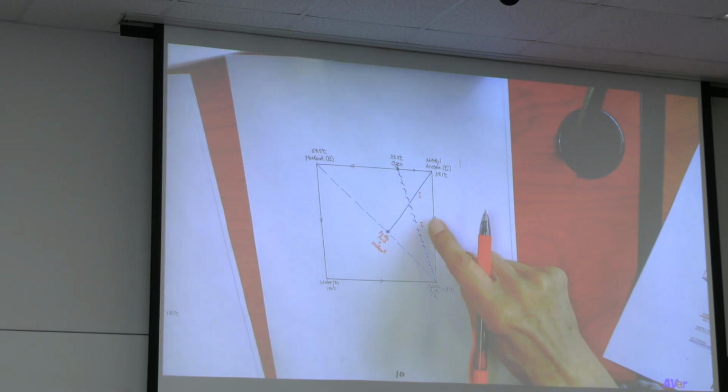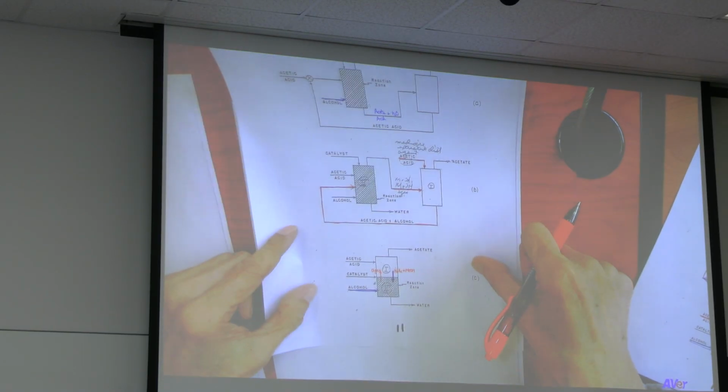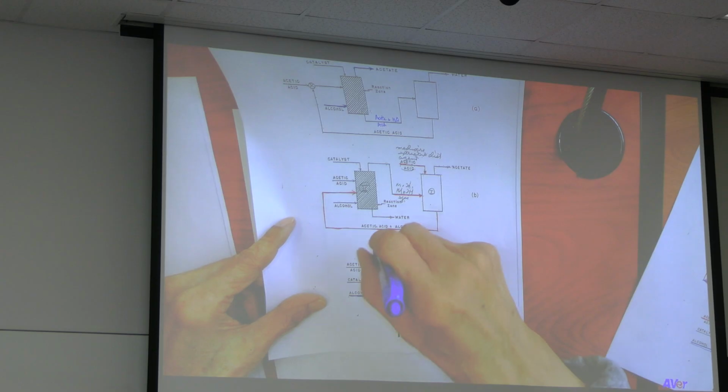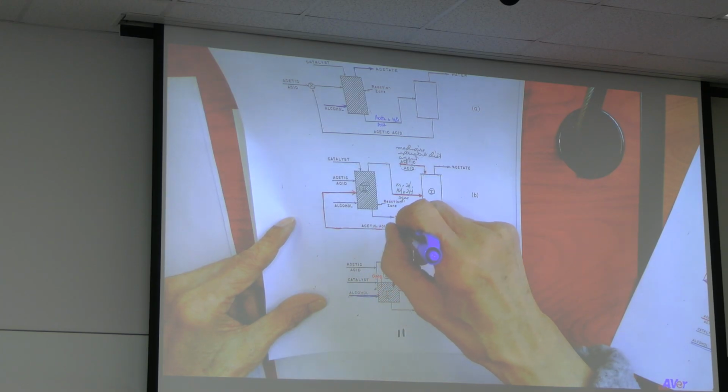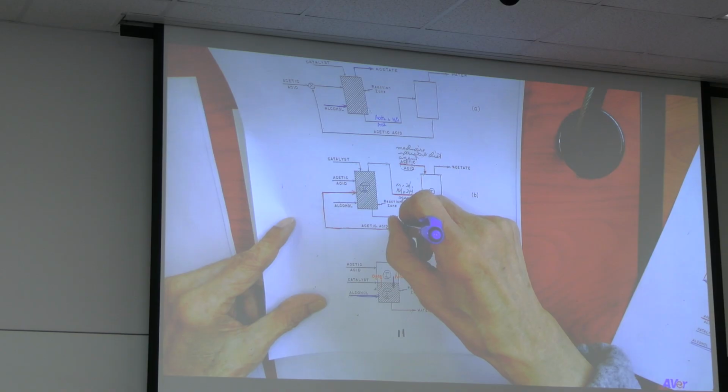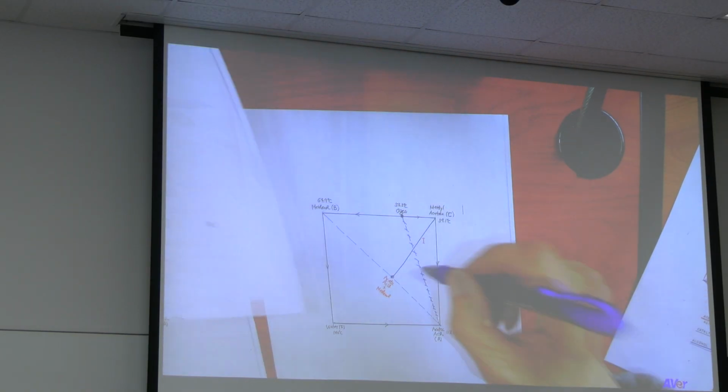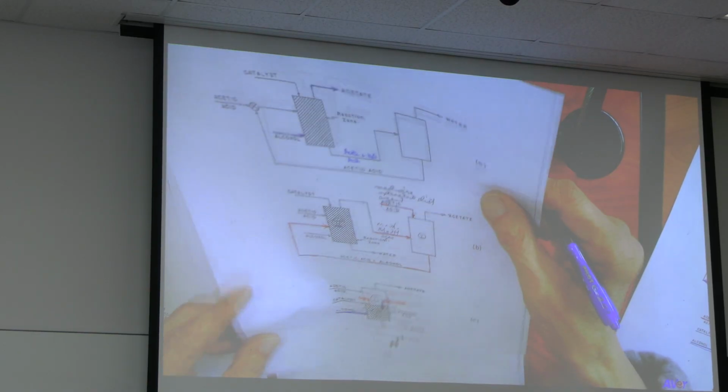Now, the second one, acetic acid alcohol. Okay? Acetic acid alcohol.